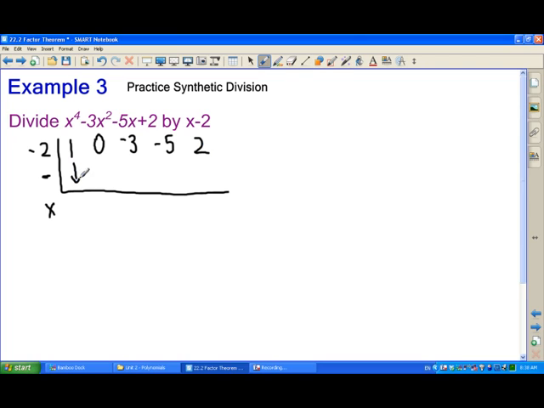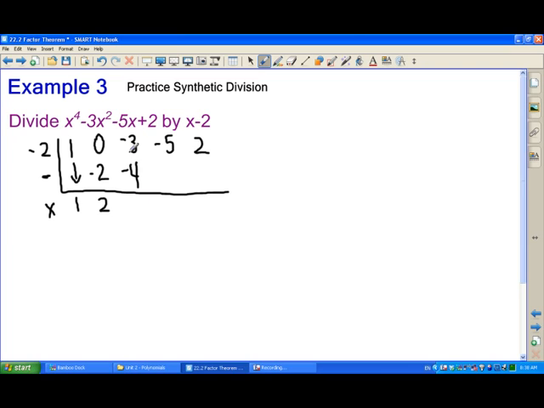I bring down my first term, multiply it by negative 2, and then I subtract. 0 take away negative 2 becomes positive 2. I multiply. 2 times negative 2 is negative 4.